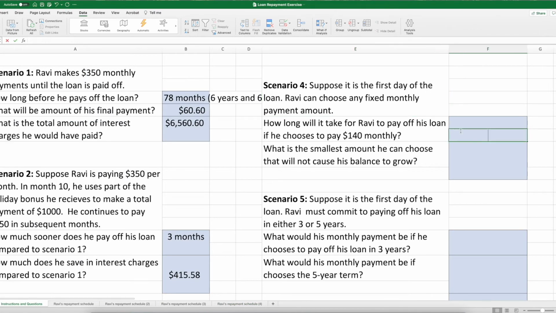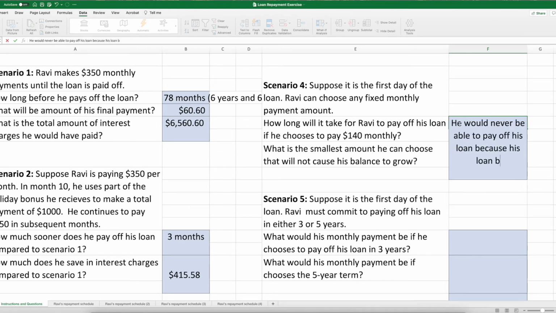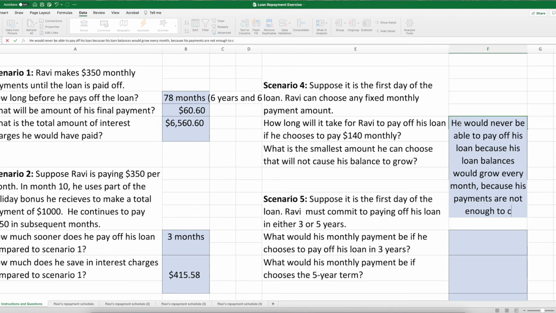So the answer to this question is that he would never be able to pay off his loan because his loan balance would grow every month, because his payments are not enough to cover his interest charges every month, let alone pay off his principal.